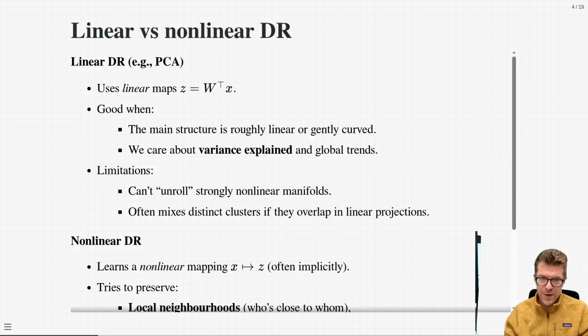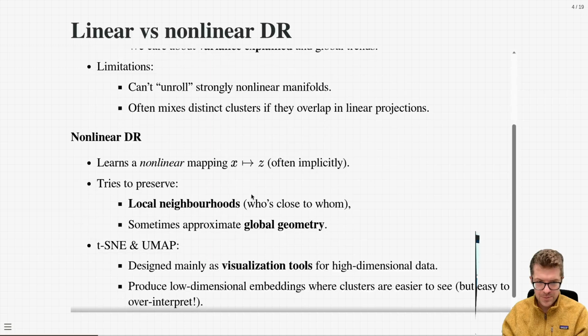That's sort of the de facto environment in which we're using PCA. We care about variance maybe, global trends, like big picture stuff. PCA is your tool. But you can't unroll nonlinear complicated manifolds like the one we just saw. And it'll also often mix these distinct clusters in ways that we just saw a moment ago.